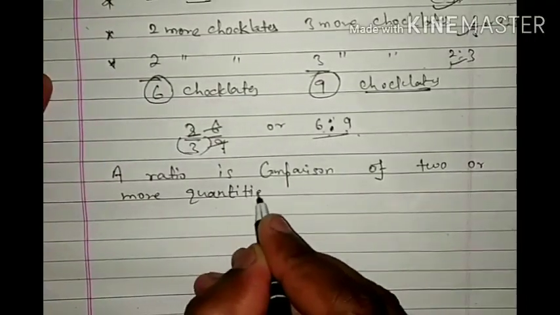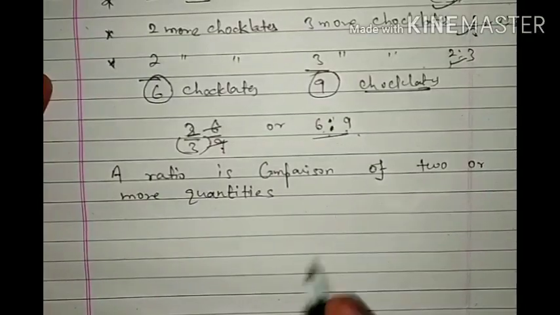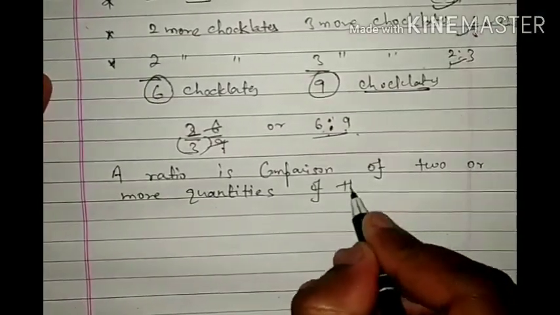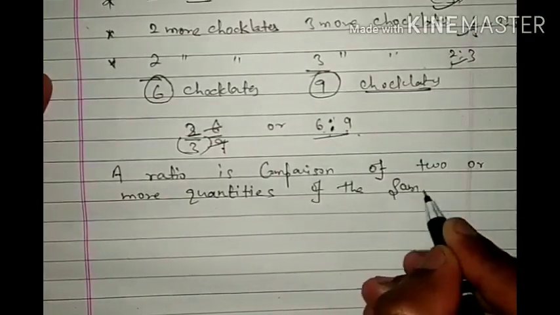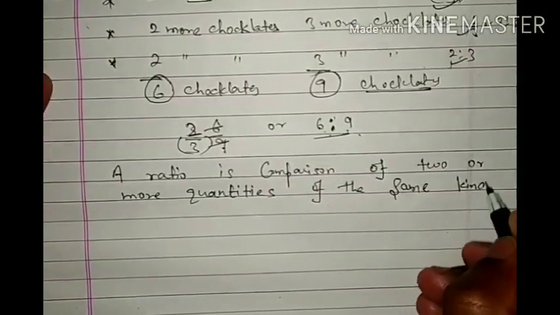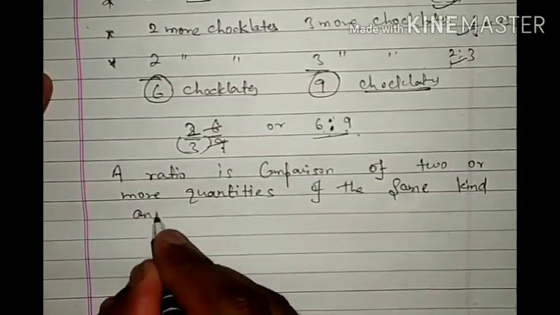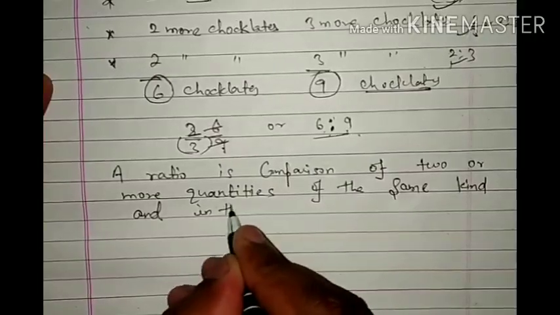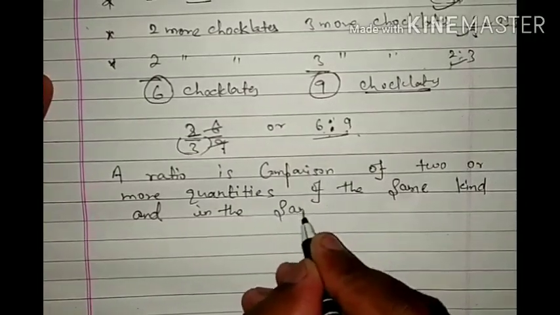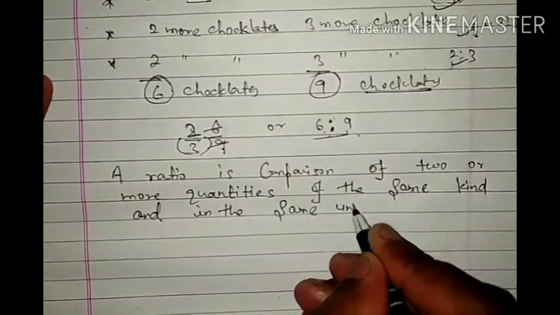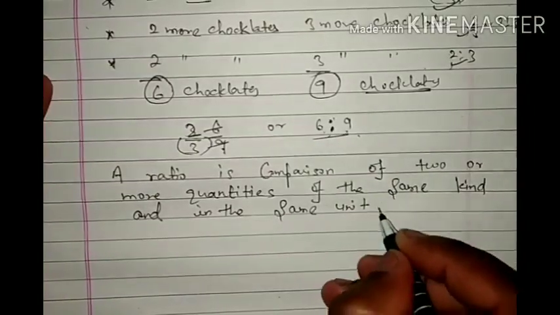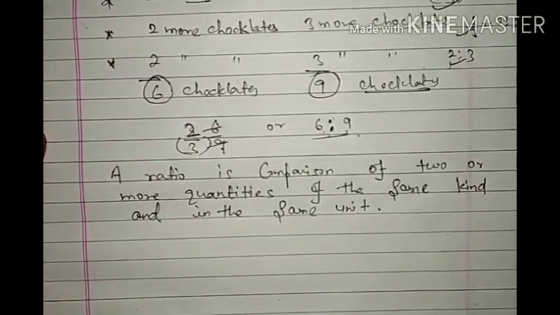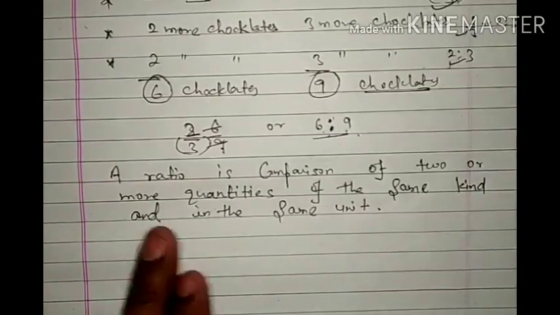A ratio is a comparison of 2 or more quantities of the same kind and in the same unit.